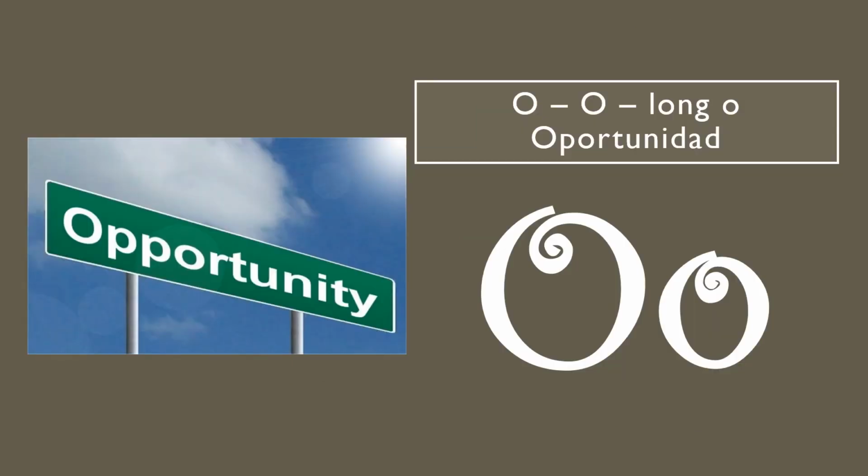The letter O is where many English speakers make mistakes. The letter O in Spanish is always a long O. It always says O, nothing else. So here we have two words. They both mean opportunity. So notice in English, I say opportunity.